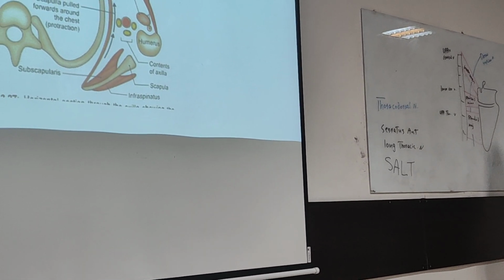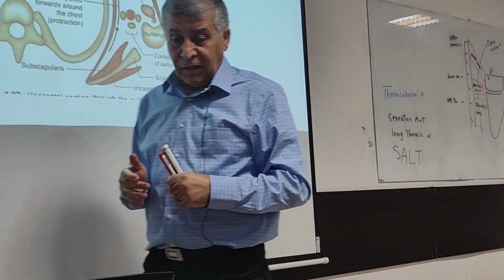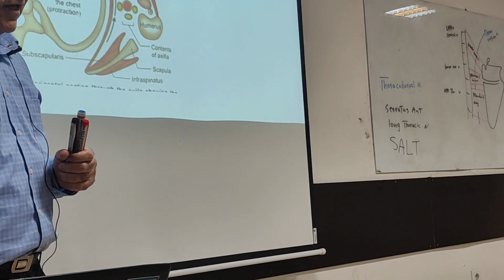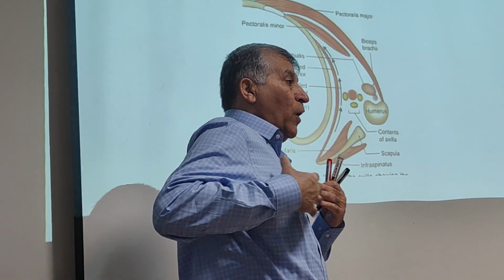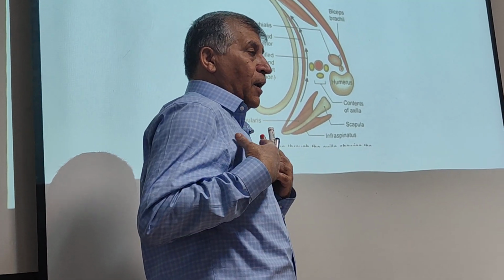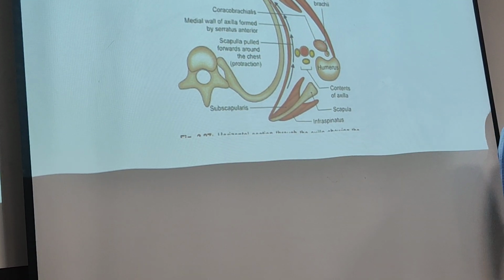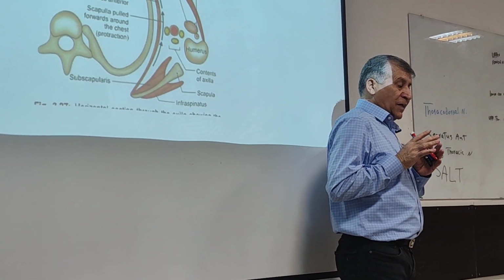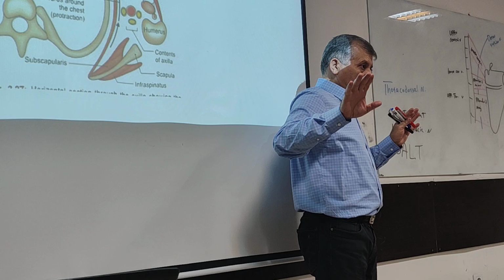The long thoracic nerve is injured in mastectomy. When the breast is cancerous, and the person doesn't notice, the cancerous cells spread to all parts of the body.